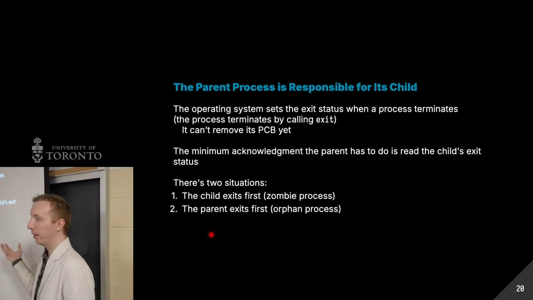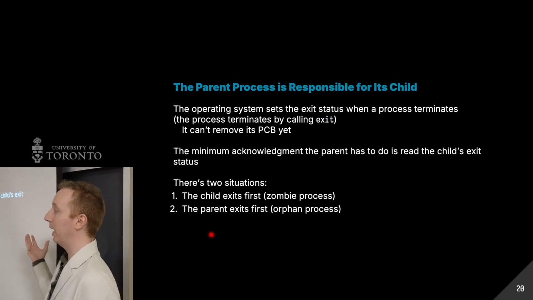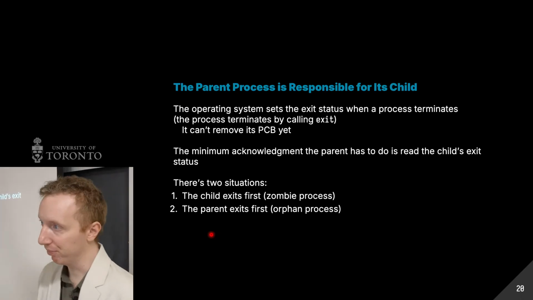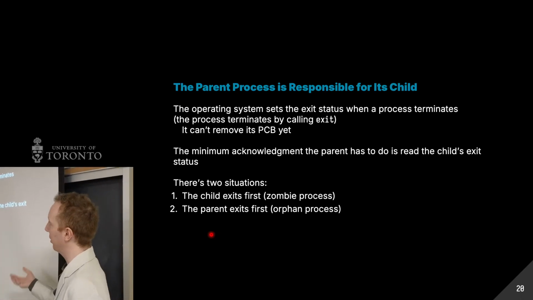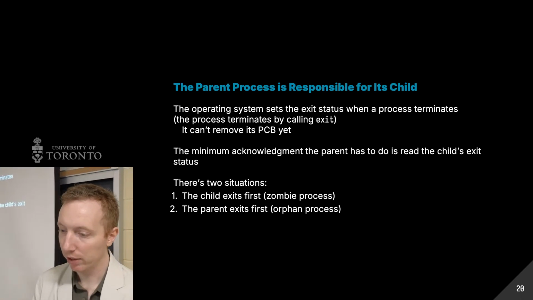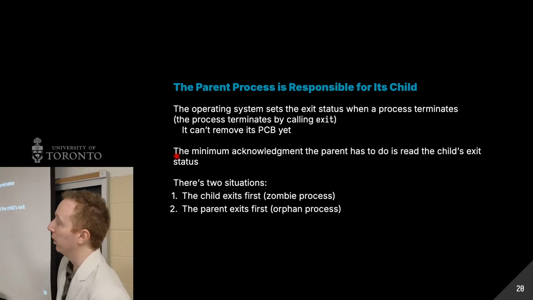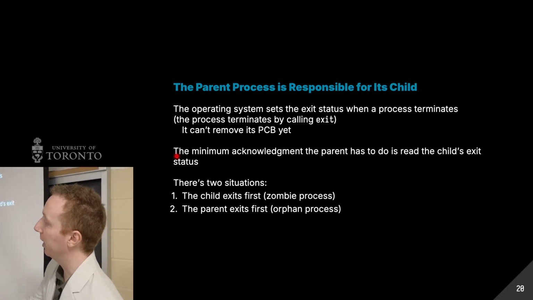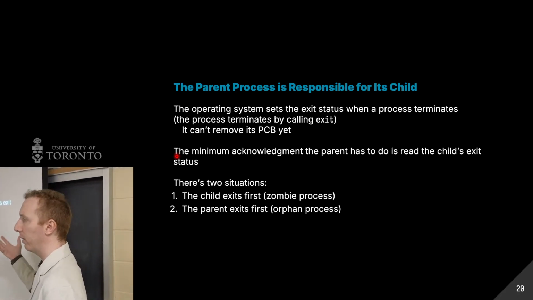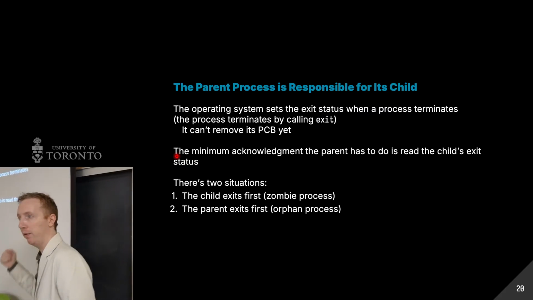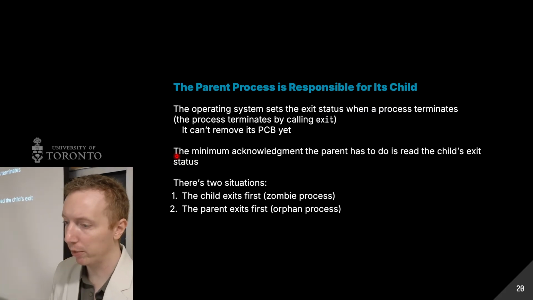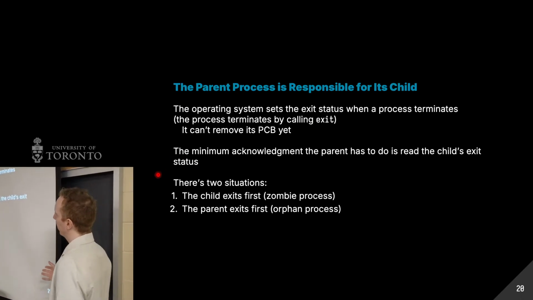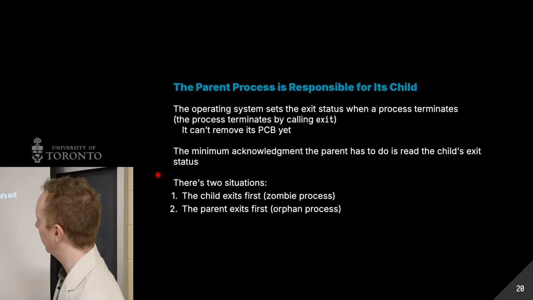The operating system can't clean up all the resources because something has to acknowledge it and actually read that exit status. The minimum acknowledgement the parent has to do for the child is to read its exit status, or whatever it gave to exit or return from main. So there are actually two situations if one of the processes exits.